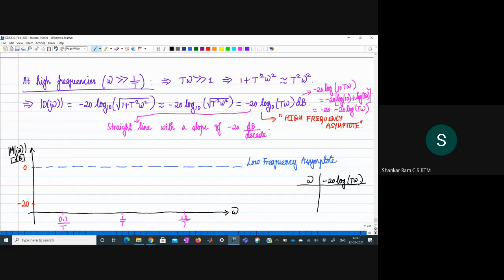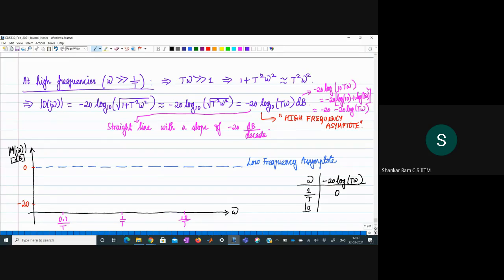Suppose omega equals 1 by t. If you substitute omega equals 1 by t, what do you think will be minus 20 log t omega? It will be 0 decibels, right? Because t omega will become 1, log of 1 will be 0, right?